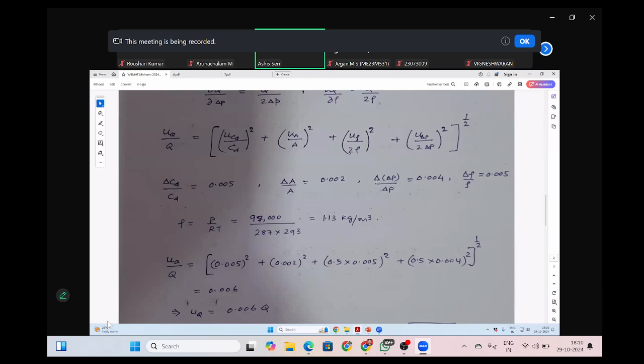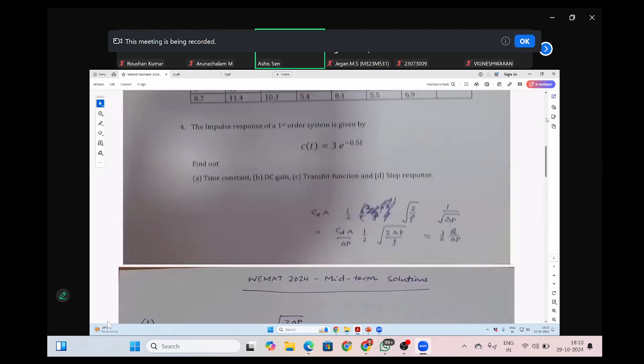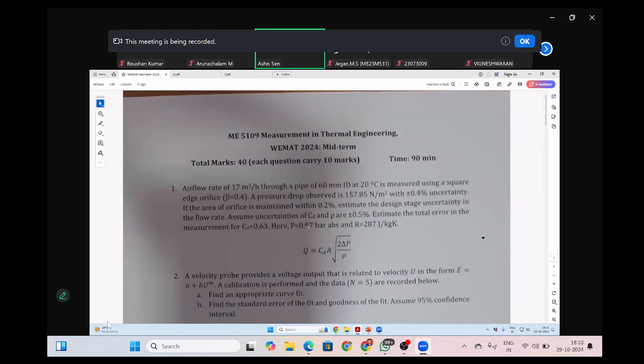Then the only other thing that you do not know here is the density. You know CD, area, delta P, but you don't know density. From the question, you have pressure given, R given, temperature given. So treating air as an ideal gas, you can get the density.